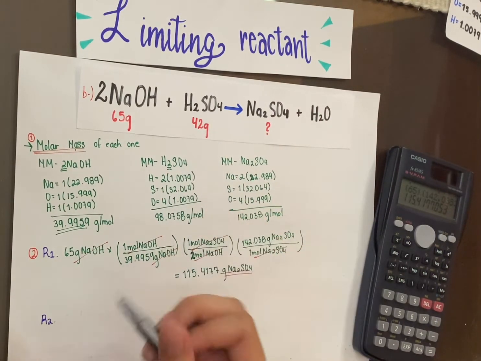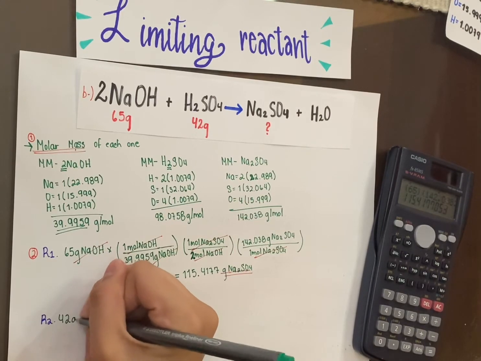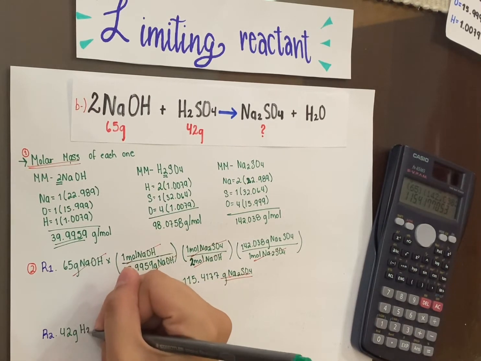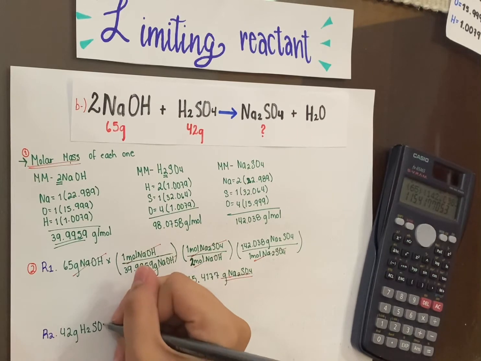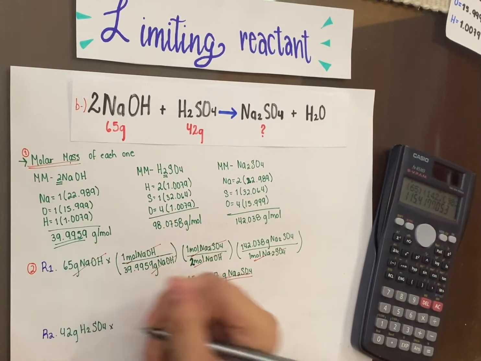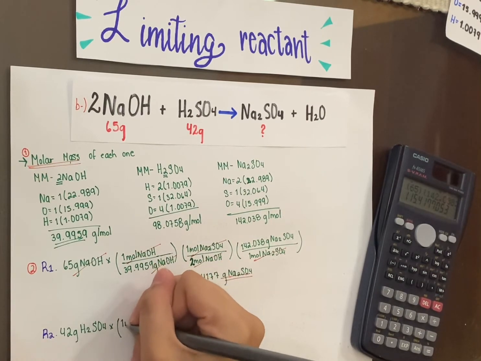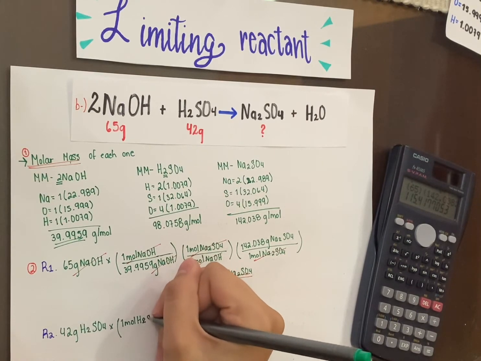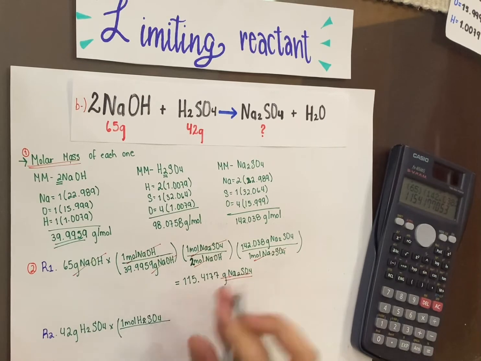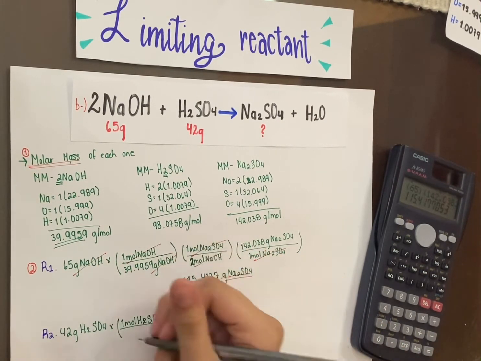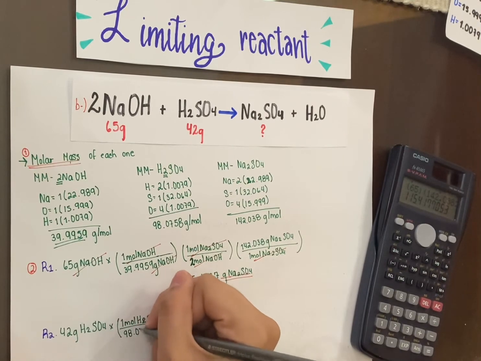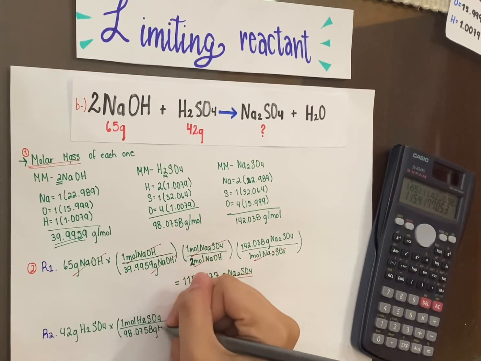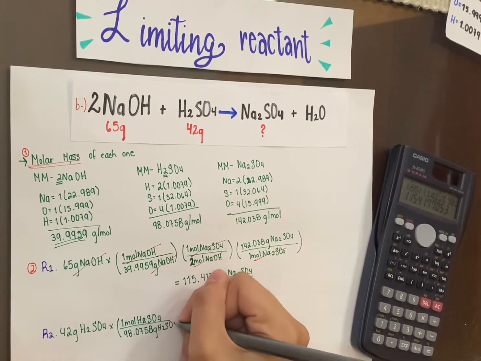It says that 42 grams of H2SO4 is in 1 mole of H2SO4 over my molar mass that was 98.0758 grams of H2SO4.